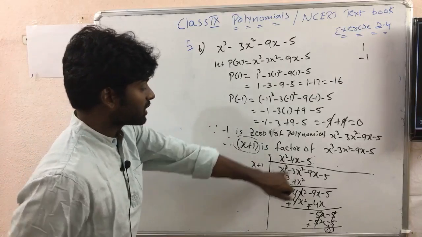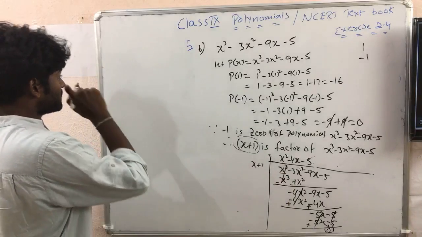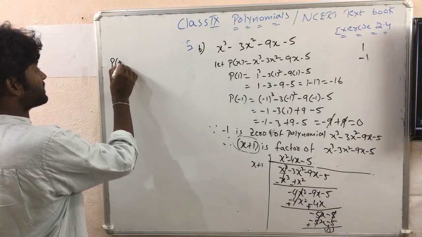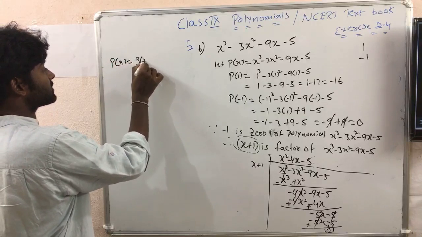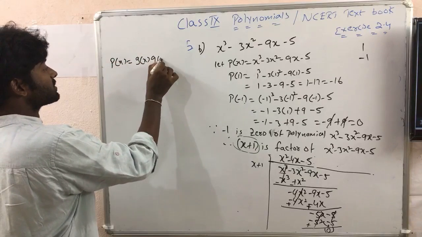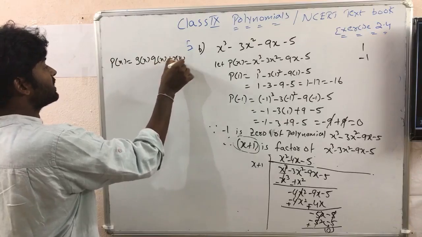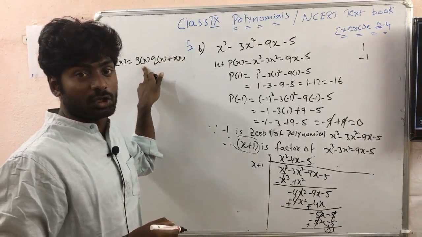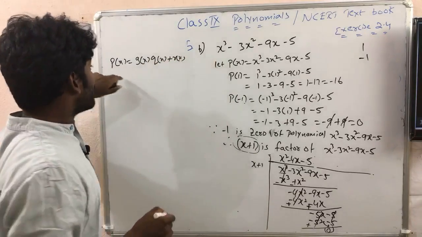It was reduced to a quadratic polynomial. All of you know that p of x equals g of x into q of x plus r of x. Nothing but dividend equals divisor into quotient plus remainder. So what is the dividend?